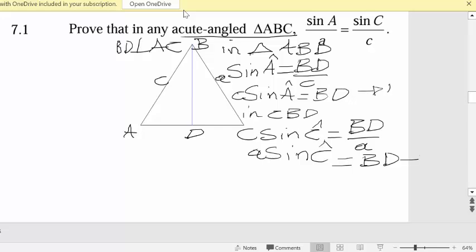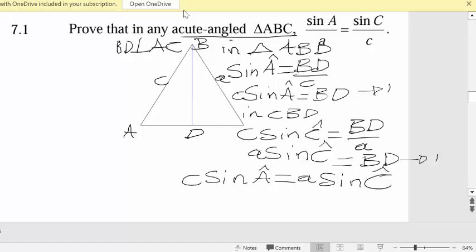That's one and that's one, so I'm going to equate the two. When I equate the two, I'll have c sine of angle A is equal to a sine of angle C.